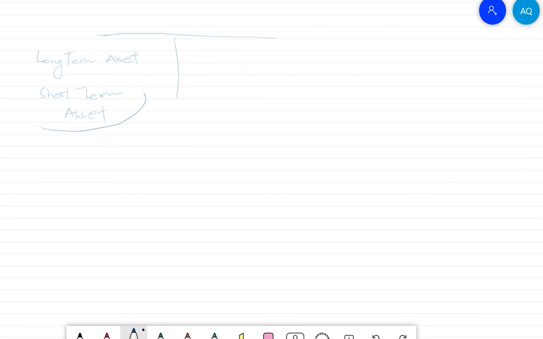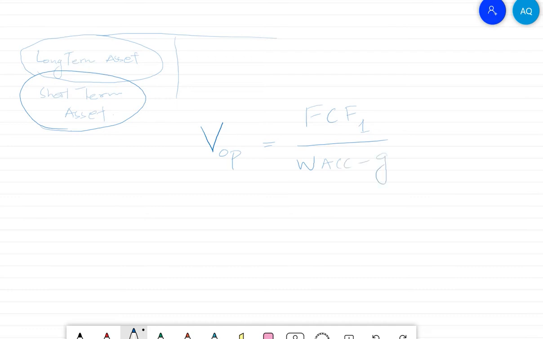So we take them as a present value, and for long-term assets we use the formula: value of operation equals free cash flow of next accounting period divided by WACC minus G.